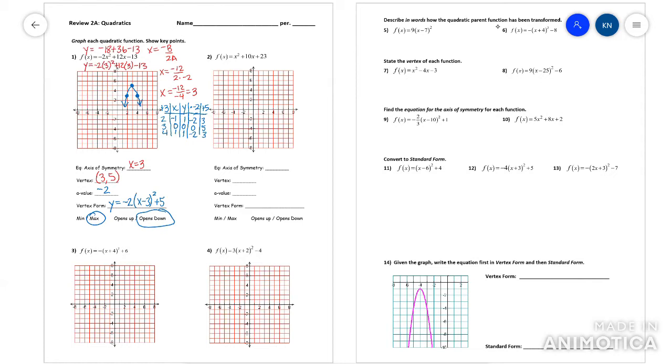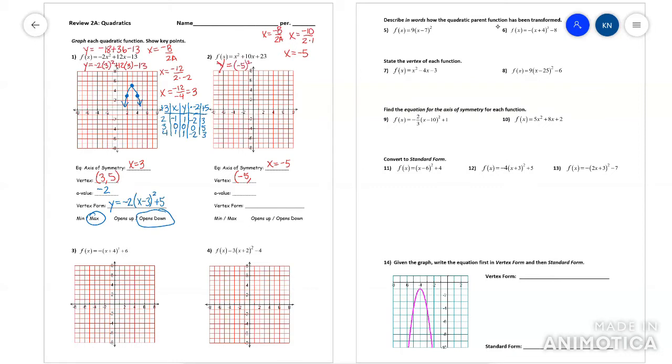Okay, next one. This is also in standard form, so you need to run x equals negative b over 2a. So that would look like negative 10 over 2 times 1, which is negative 10 over 2, which is negative 5. This is the equation of the axis of symmetry, and it's the x value of your vertex. You need to go get the y value of your vertex by plugging in negative 5 here.